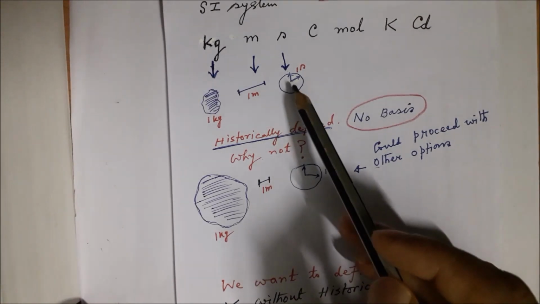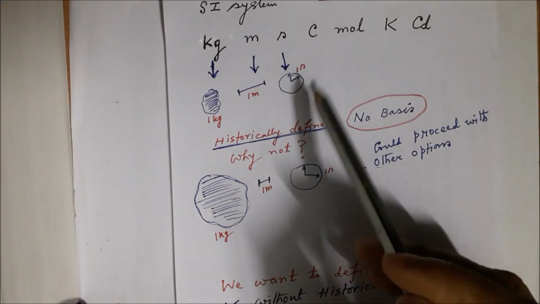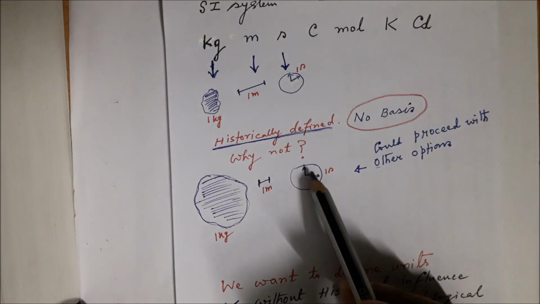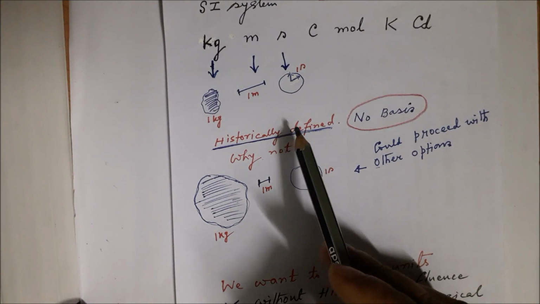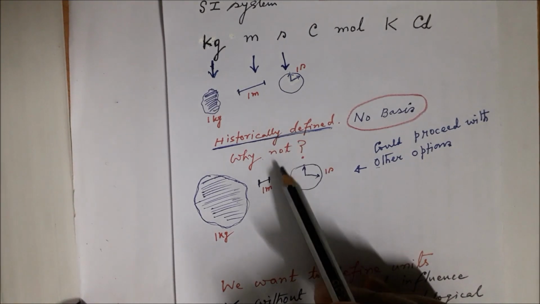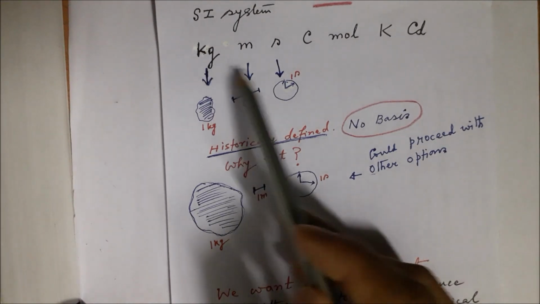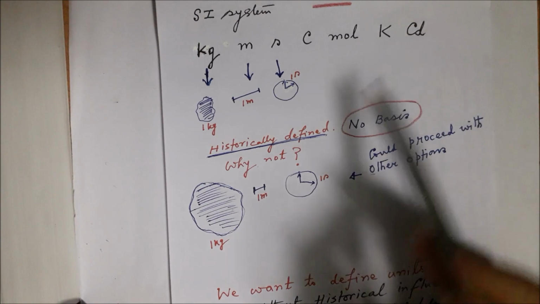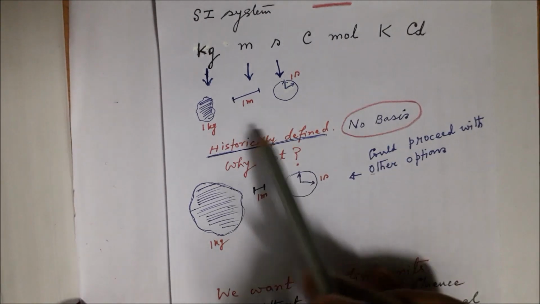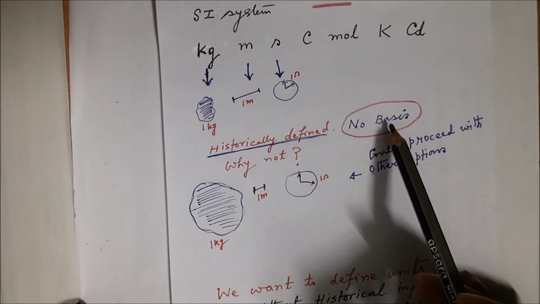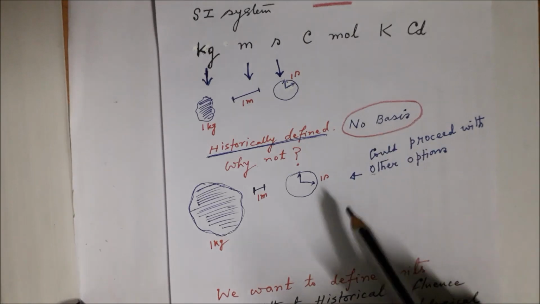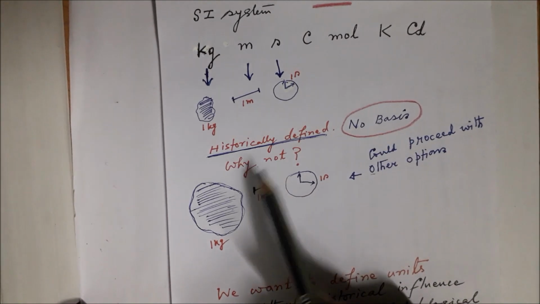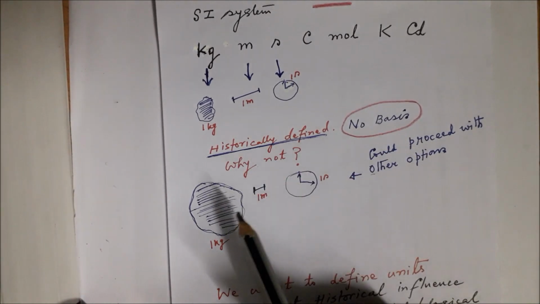We can also change our definition of second from today and take a bit longer period of time as 1 second. So this means that this SI system was defined with a historical background. There was no basis at all, and we could proceed with other options with no problem at all.